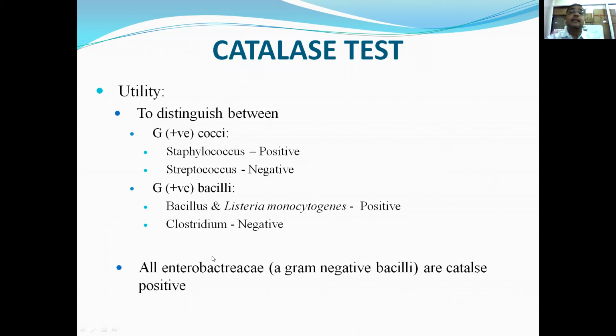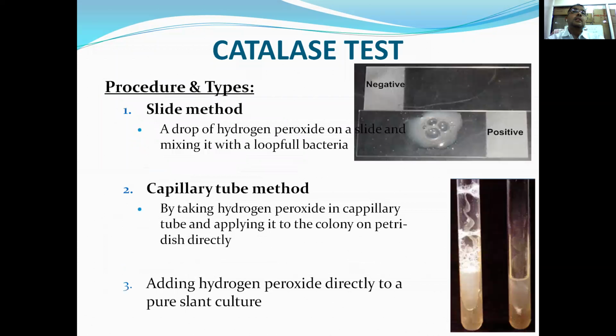At the end, there is a general statement that all Enterobacteriaceae, which contain various important genera like Pseudomonas, E. coli, Proteus and others, are considered catalase positive, and this helps to differentiate them from other gram negative bacilli. So the utility of the catalase test is to distinguish closely related bacteria, and that helps a lot in the final identification of bacteria.